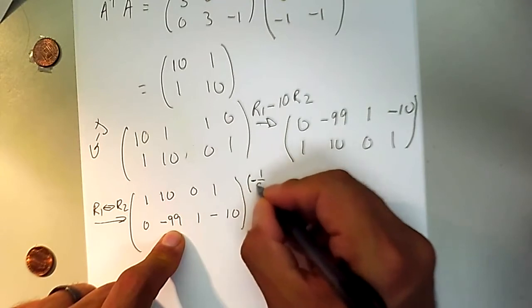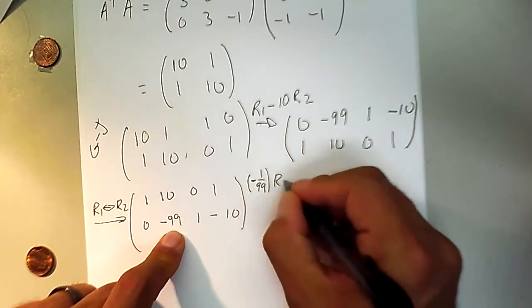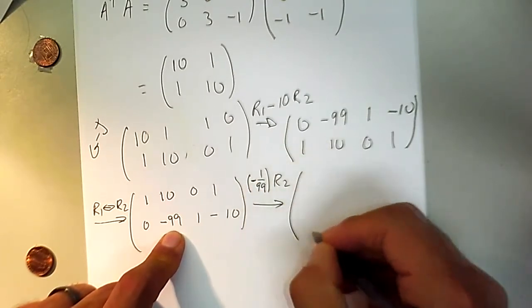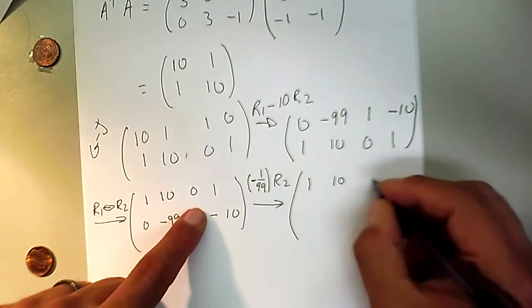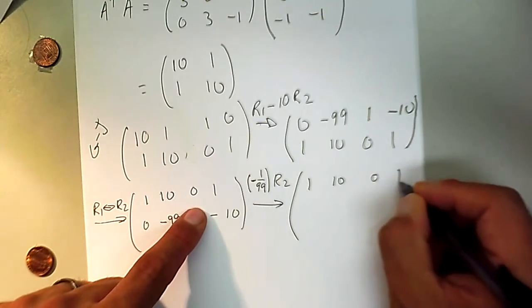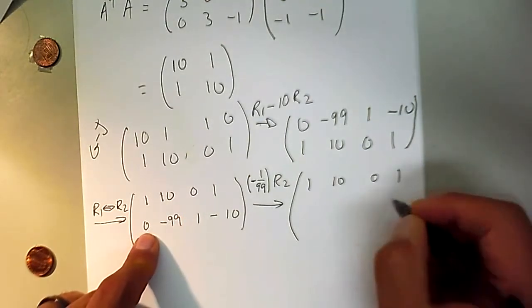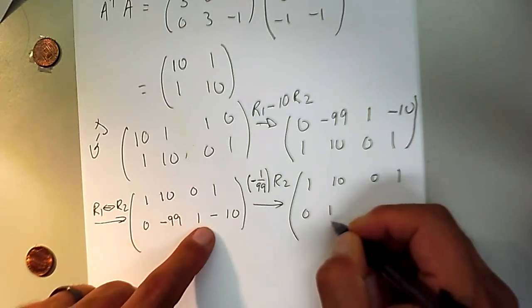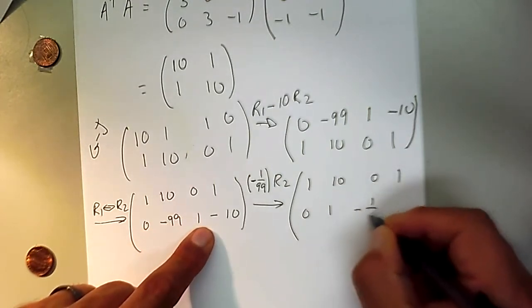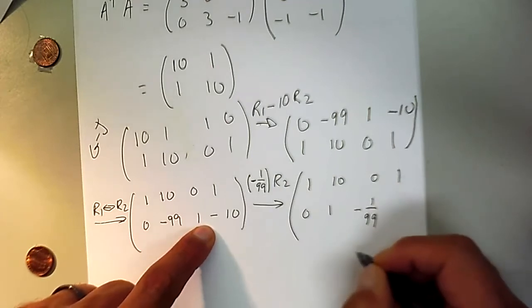Negative 1 over 99, second row. And we end up with 1, 10, 0, 1. Yep. 0, 1. Negative 1 over 99.